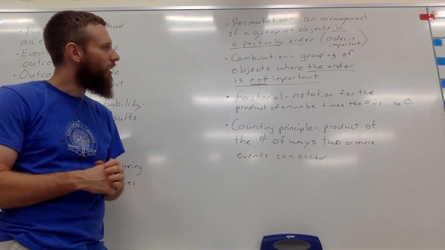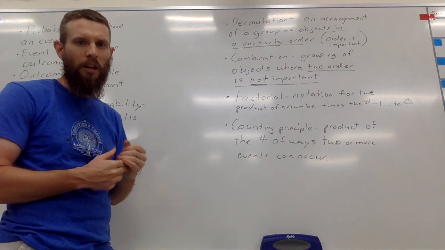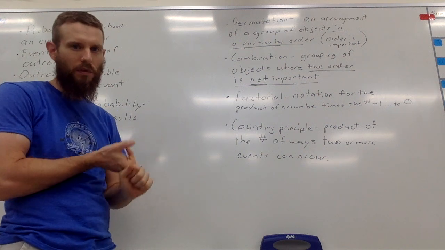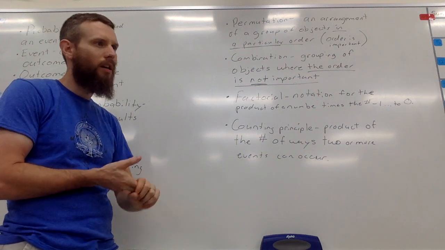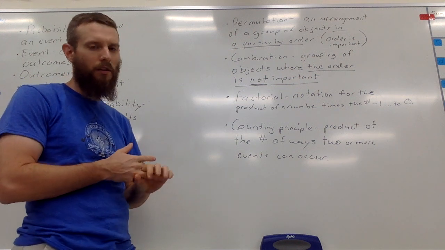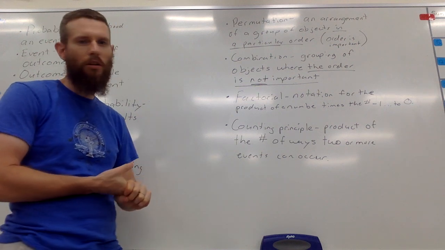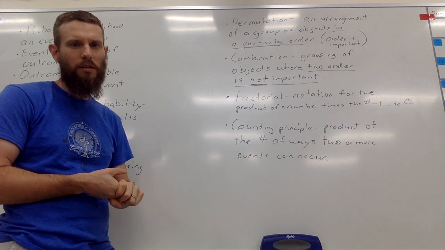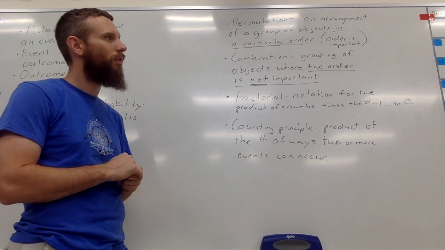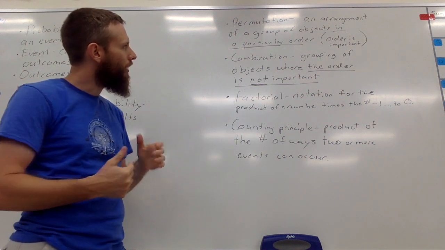In other words, if the order doesn't matter, I still want those 3 songs to play. But if my third favorite song is first, my second favorite song is second, and my favorite song is third, it doesn't matter because I'm still hearing those 3 songs instead of the other 12 that I don't like as much. So permutation, combination.